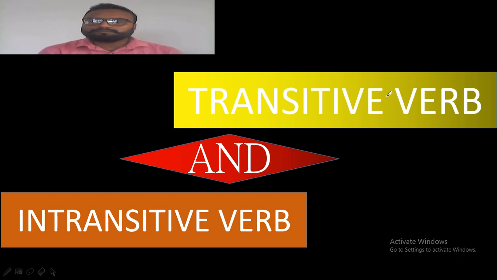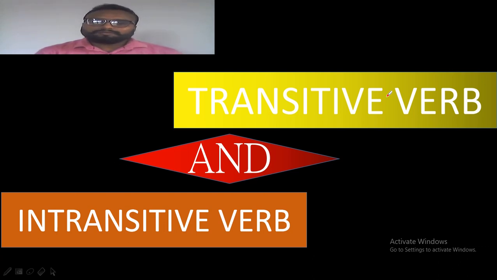Now, as we know, and even I told you, a verb is an action word, and every action has a certain result. It has a certain effect. It leaves certain effects. It brings certain changes. So now we know that a verb is an action word and transitive is associated with transfer.